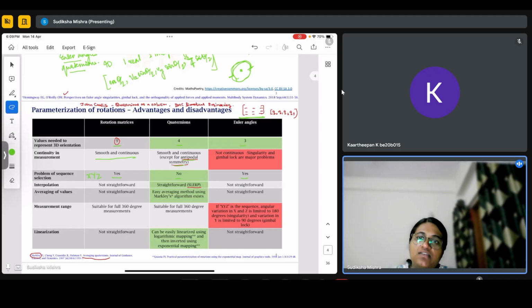In any of these three matrices, the interpolation is kind of a problem. However, in terms of quaternions, there is an algorithm called slerp, which, if you put in the quaternion values, will give you an interpolation of how the movement is.